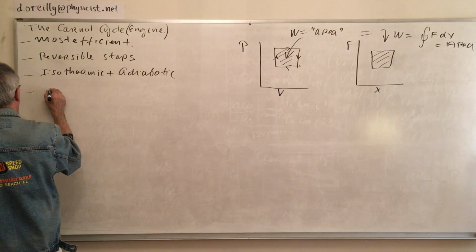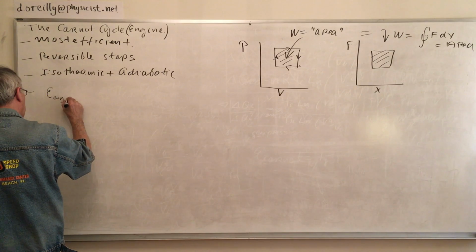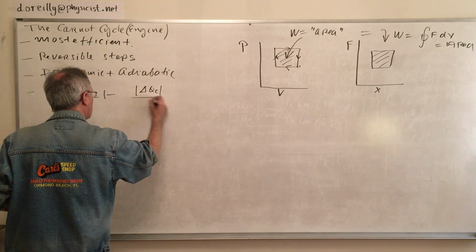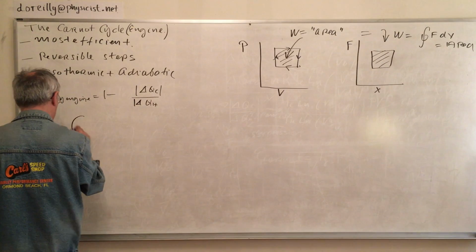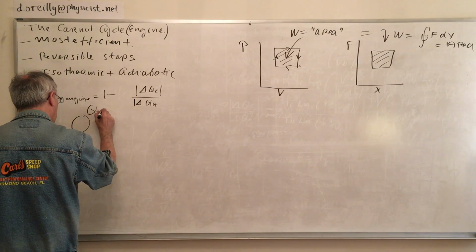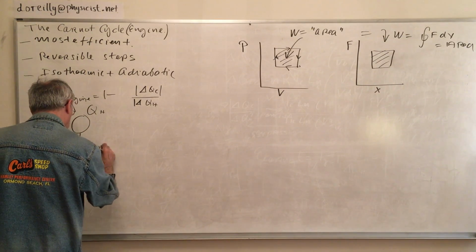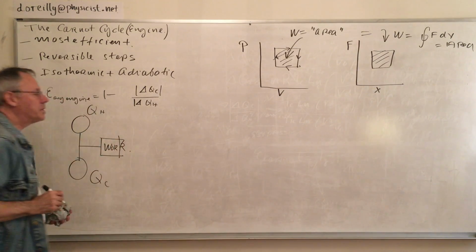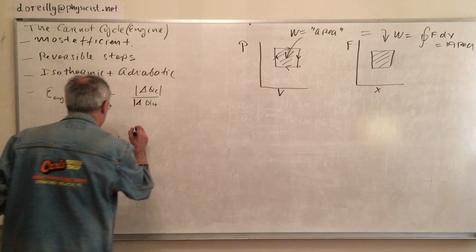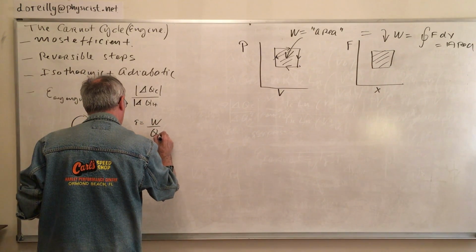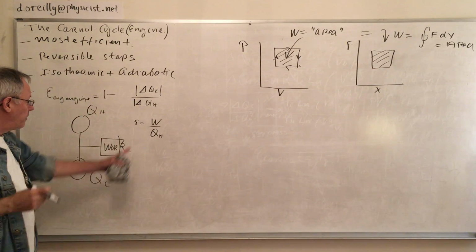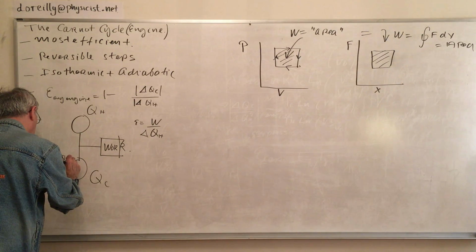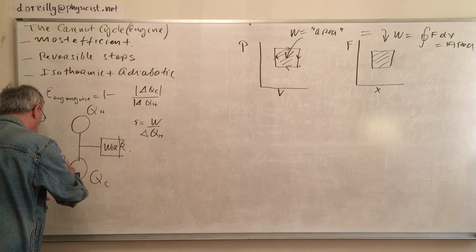First of all, we write down the efficiency for any engine. It is the work done divided by the amount of heat delivered from the hot reservoir.